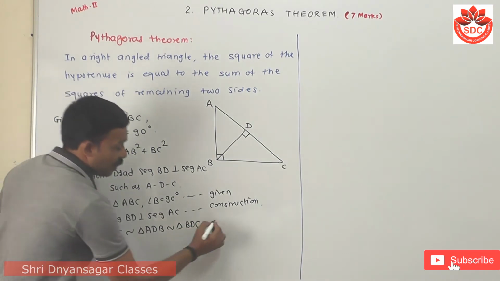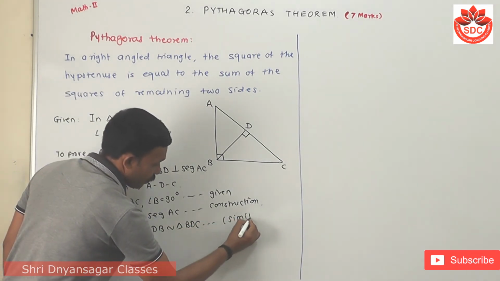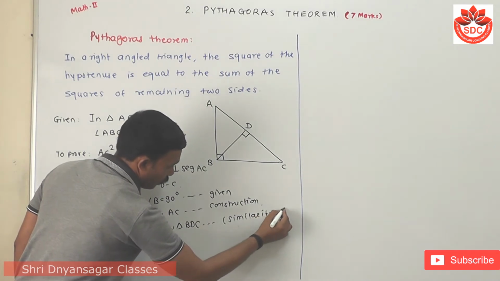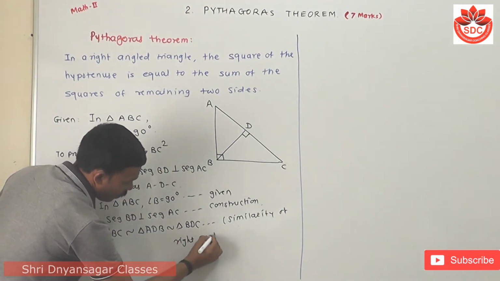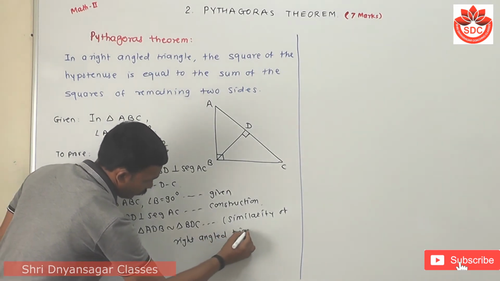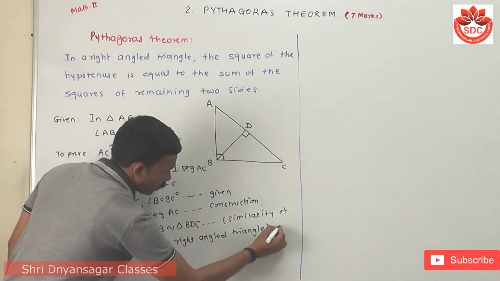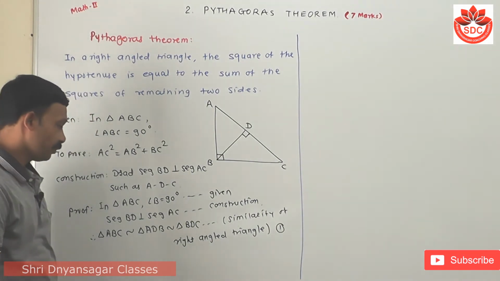The reason is similarity of right angle triangle. Suppose that this is equation number 1.